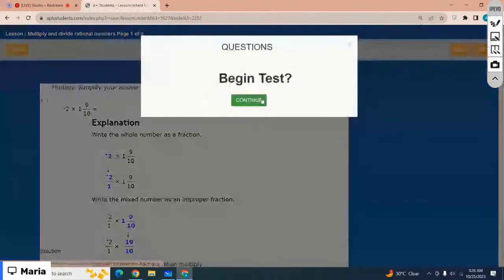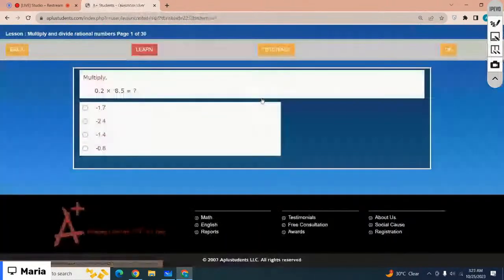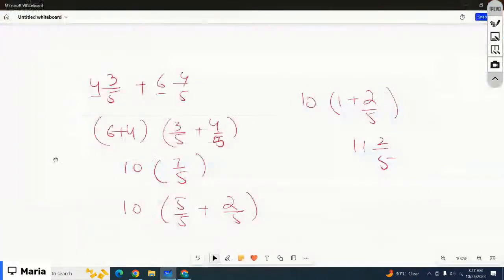So multiplying and dividing rational numbers is exactly the same as you do for fractions, right? So let's just do negative 2.2 times negative 8.5. That is exactly the same as you multiply decimals.